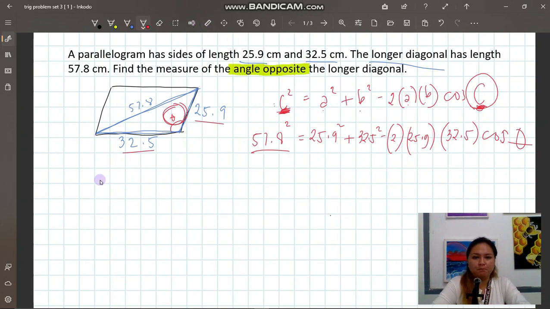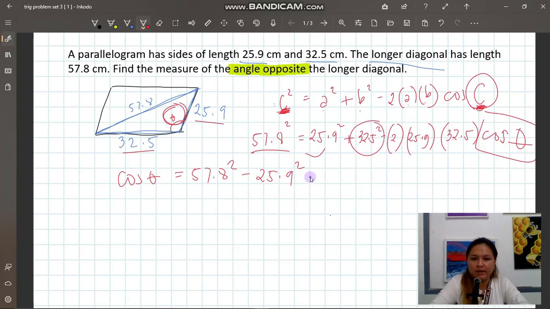We can do it step by step, but if we want cosine theta alone, we transpose, so that's going to be 57.8 squared minus 25.9 squared minus 32.5 squared, divided by negative 2 times 25.9 times 32.5.